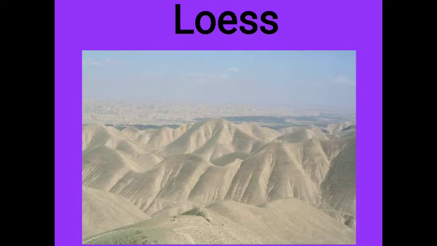It is porous and rivers cut deep valleys through it. It is deposited as silt, usually yellow in color and very fertile. The most extensive deposit of loess is found in the Loess plateau of the Huang He River basin in China.